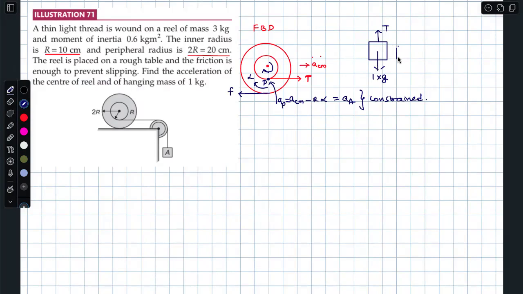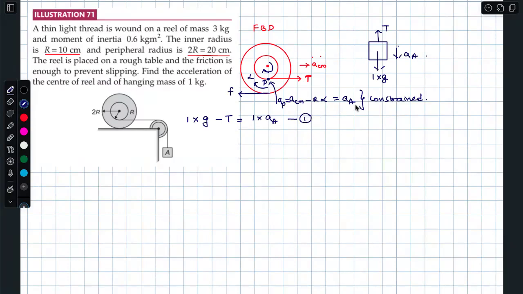And this is the acceleration of A. Now let us study the free body diagram carefully. 1 into g minus T is equal to 1 times acceleration of A, equation 1. Any doubt till this point?